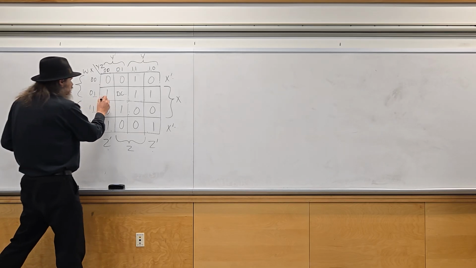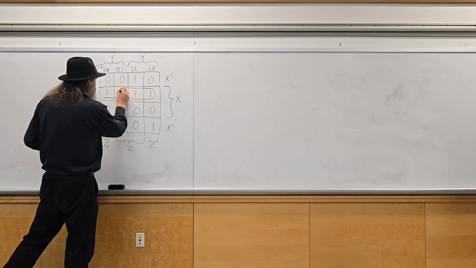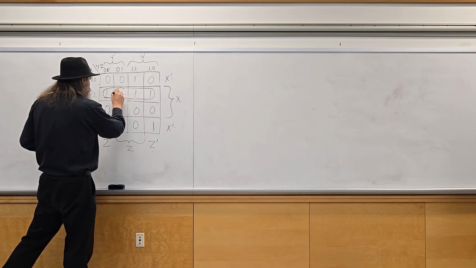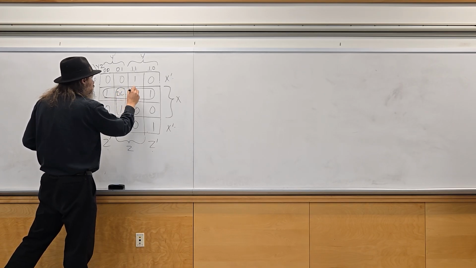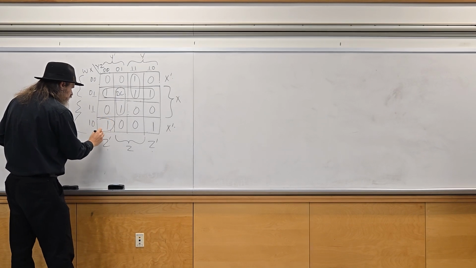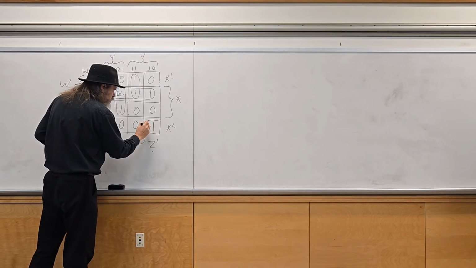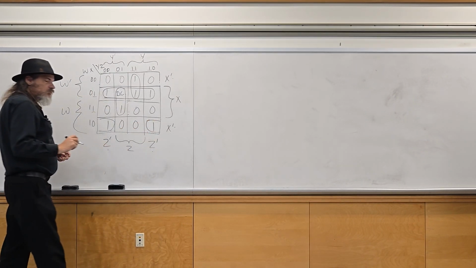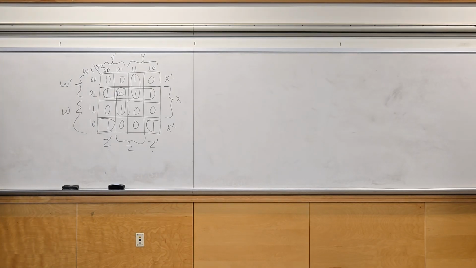So you can make this a group, this a group, this a group, and this a group. Again with the wrapping. So you have 4 terms here.